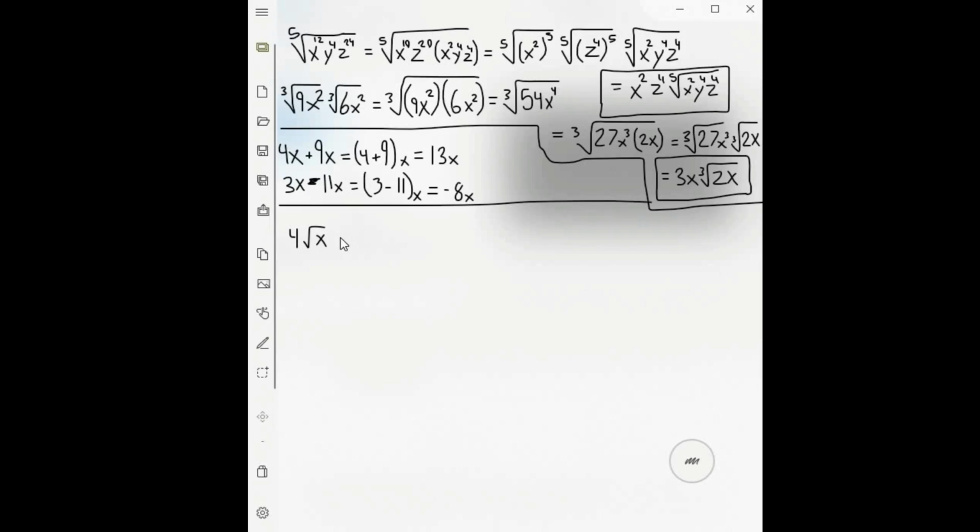So in this question, we'll do the exact same thing. We're adding these radicals, so we're going to separate the like terms. They both have square root x, so square root x will be outside. Then we add these two together, and we multiply them by the square root x.